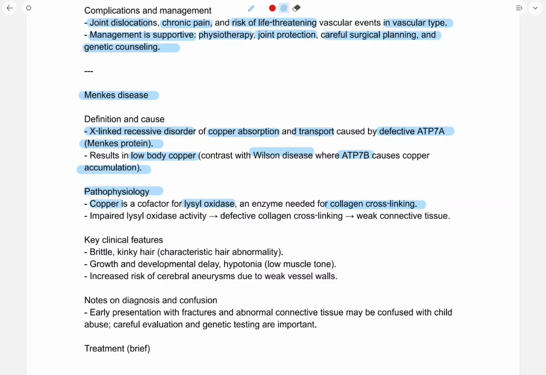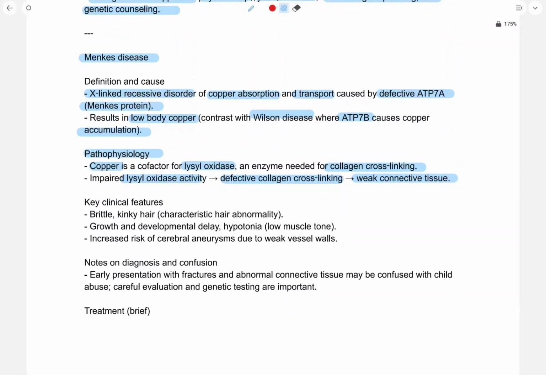When lysyl oxidase activity is impaired, collagen cross-linking is defective. When collagen cross-linking is defective, it leads to weak connective tissue. This is the pathophysiology of Menkes disease.